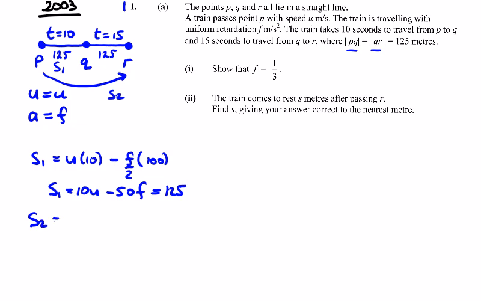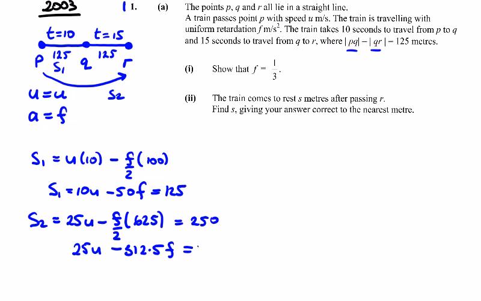Then S2, which is 250, times 25, so we get 25u minus F over 2 by t squared. 25 squared is 625. So 25u minus 312.5F equals 250, the total distance.